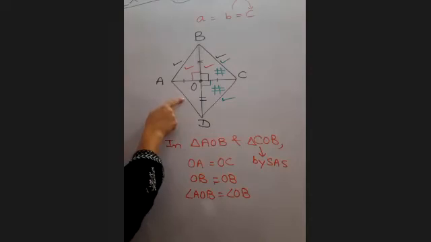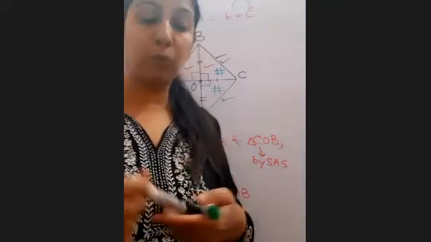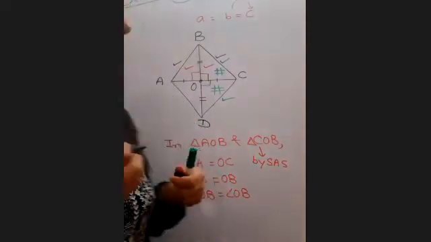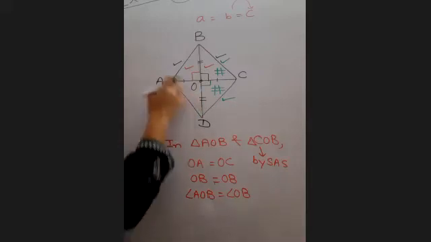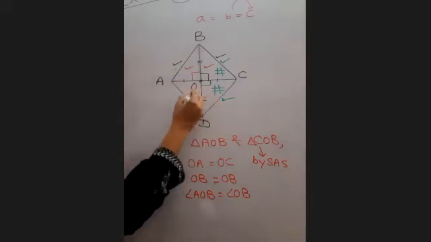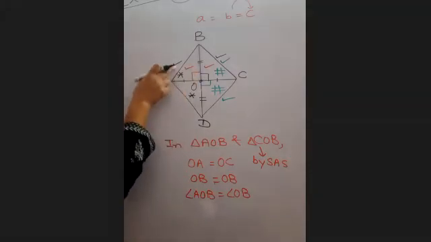Now this is the only side left. Can you guess which two triangles next we should be proving to be congruent? We want AD in the picture now. So AD should be proved congruent to what? DC or AB. So one triangle is to be taken as AOD, and another one, we can take triangle AOB.